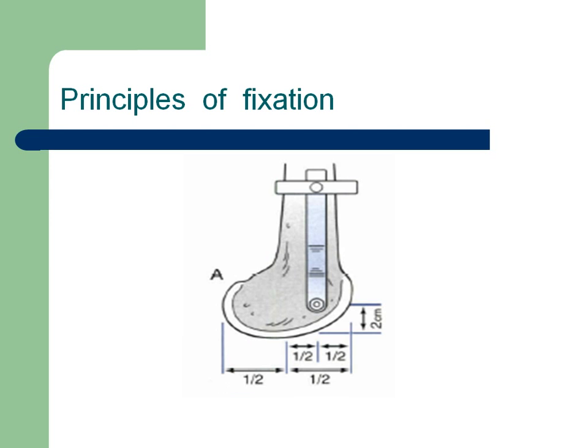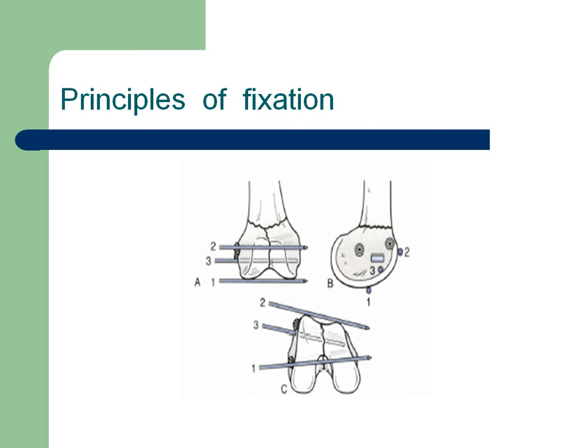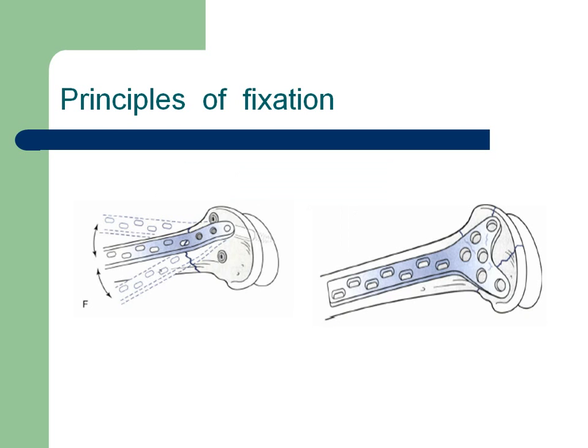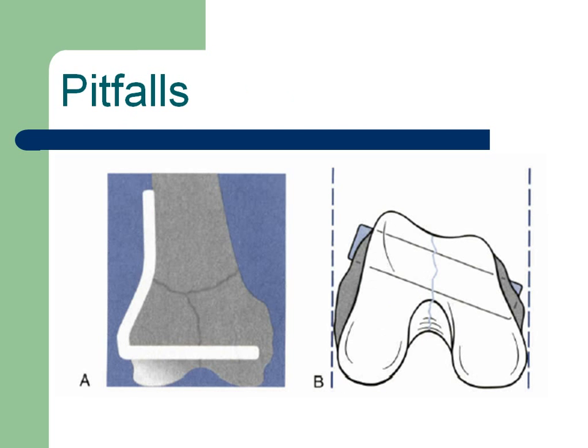We also have to think about the horizontal articular line; the blade, angle plate or DCS must be parallel with it for better fixation, and we must control the fixation between these two fragments.